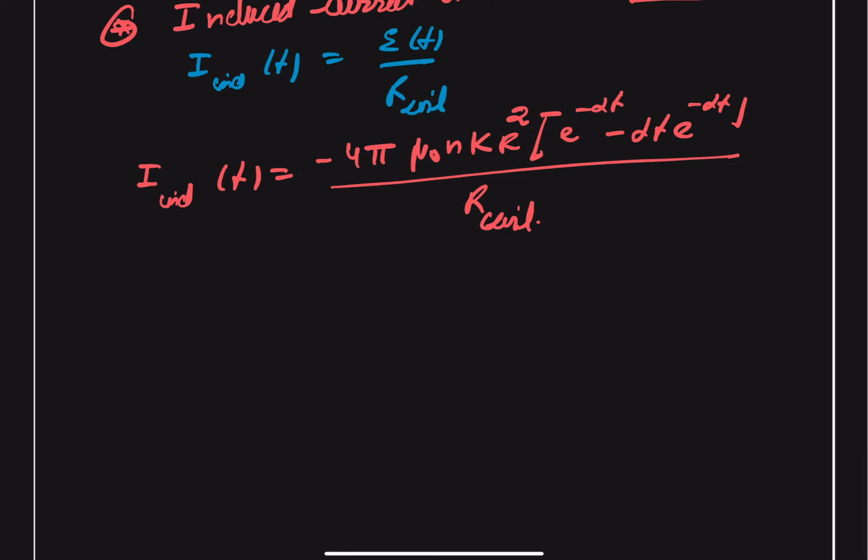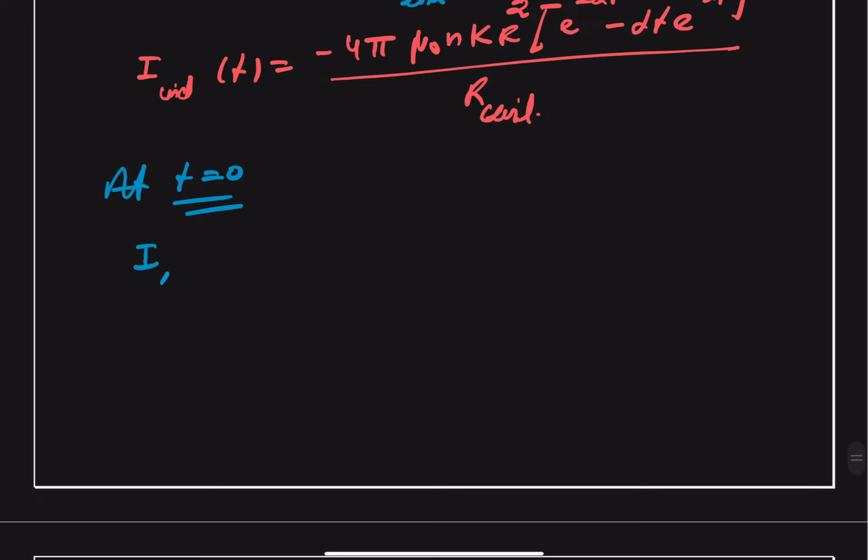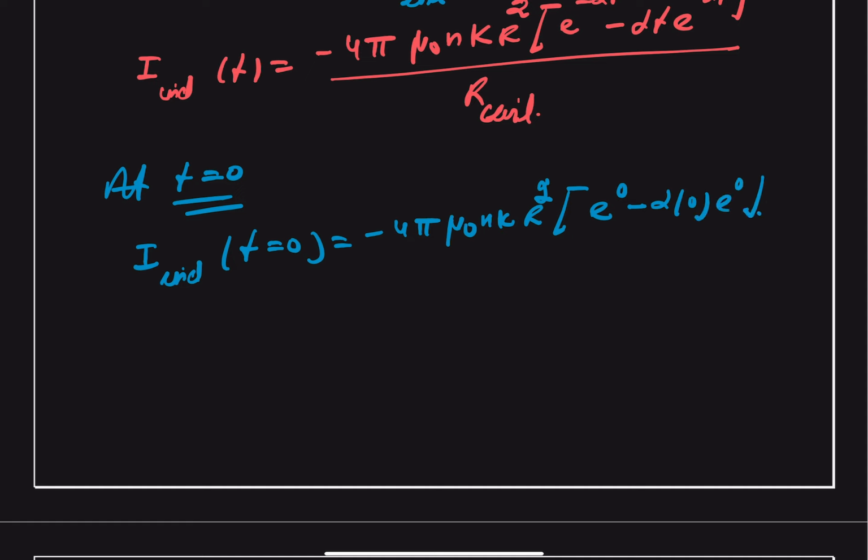So at t is equal to 0, if we substitute the value 0 in the given equation, this will be coming as minus 4 pi mu naught n k r square, and this becomes e raised power 0 minus alpha 0, which becomes e raised power 0, divided by R coil.